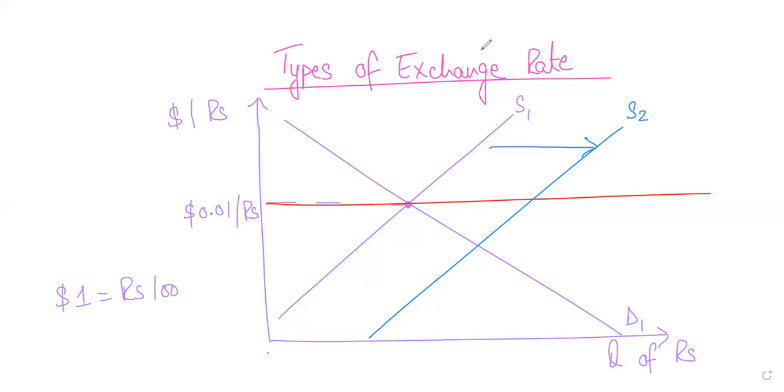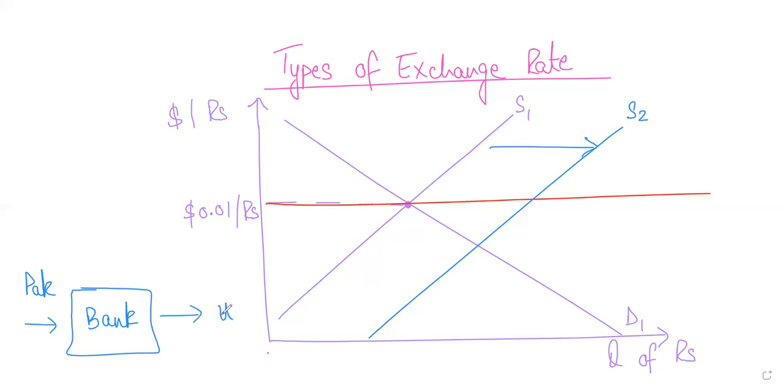Let's look at this one more time. Whatever intermediaries are involved, whether that be a bank or foreign exchange and so on, Pakistan in this case is giving its currency to the USA. So our currency gets converted into dollars.